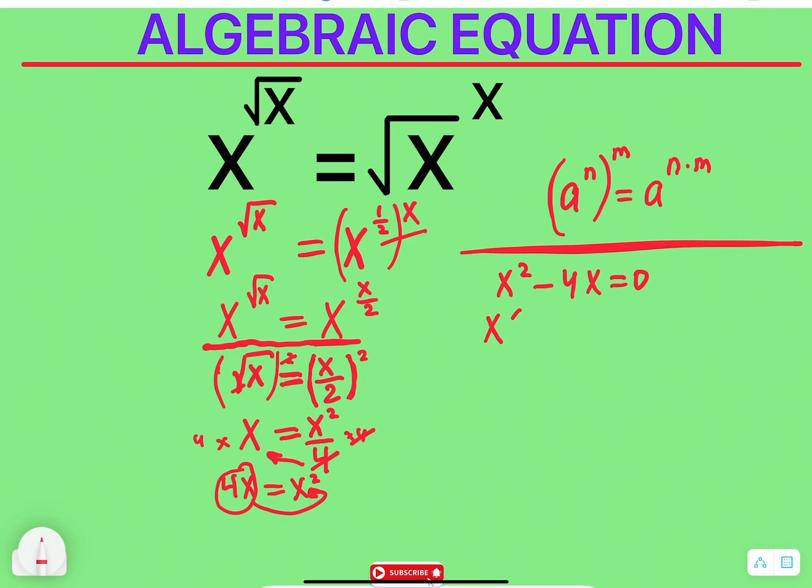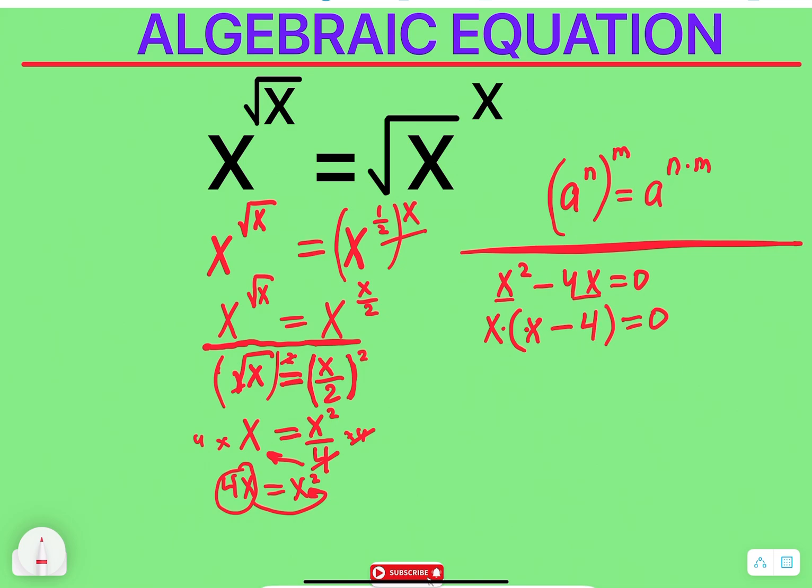Let's factor out x because in both terms we have x, right? As a factor, we can factor out. This will be x times (x minus 4), since x squared divided by x remains only x, and 4x divided by x remains only 4, equals 0.